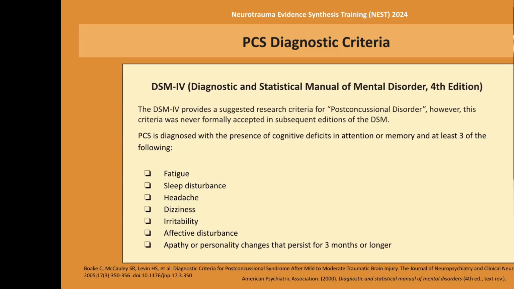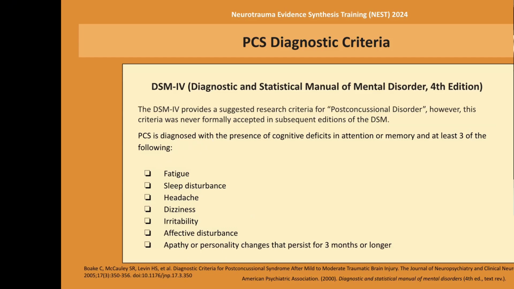Now looking at the DSM-4, just to know that this was actually just kind of a sub-note in that edition. It was never a formal diagnosis. It was in the DSM-4. They changed the language about it and did not include it like this in the DSM-5.